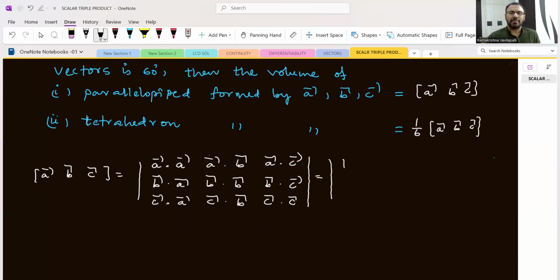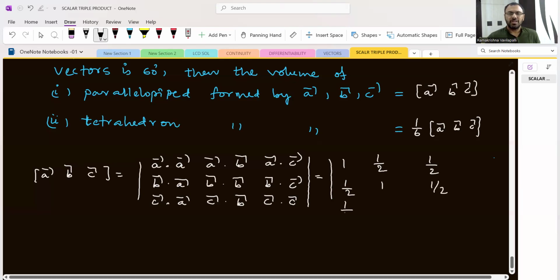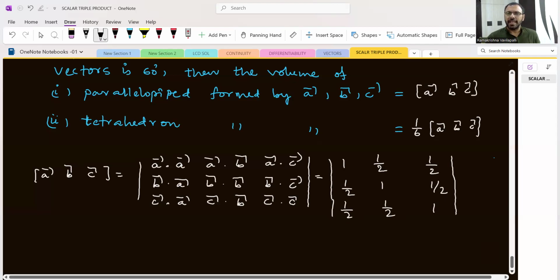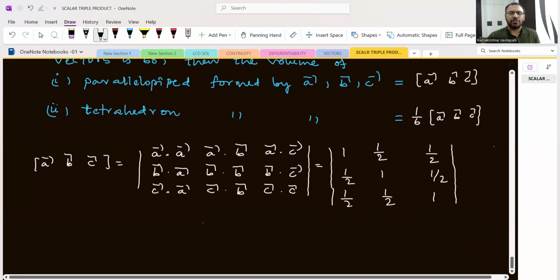And A bar dot B bar is nothing but mod A mod B cos 60, that is equal to 1 by 2. Like this, you will get 1 by 2, 1 by 2, 1. Once again, I am explaining that A bar dot B bar is nothing but mod A mod B cos theta, and A, B, C are unit vectors.